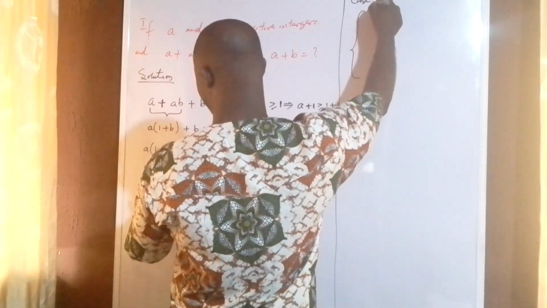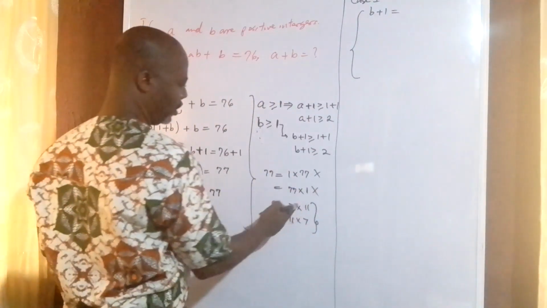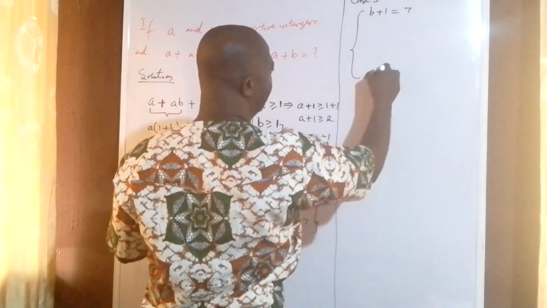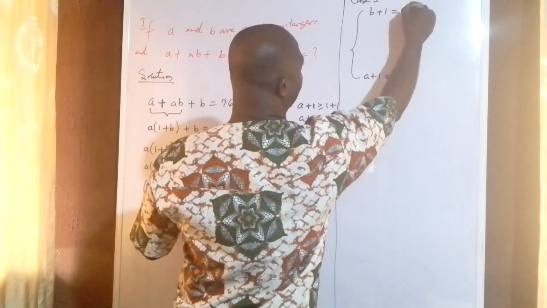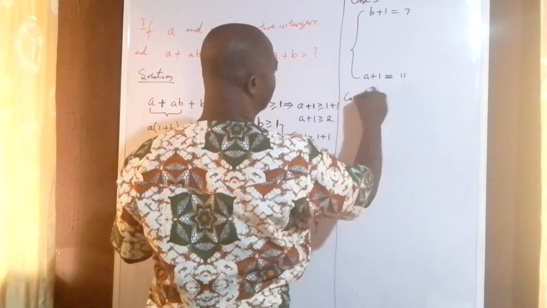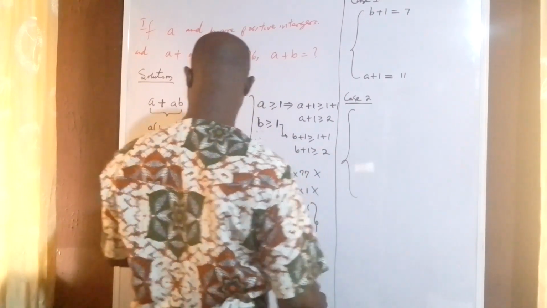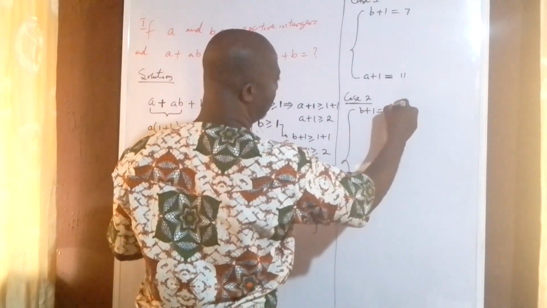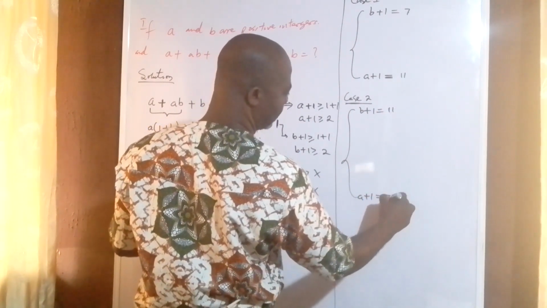Case 1 will be b plus 1 equal to 7, and then a plus 1 equal to 11. For case 2, we can have b plus 1 equal to 11, and then a plus 1 equal to 7.